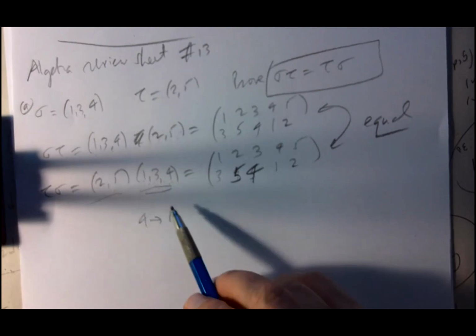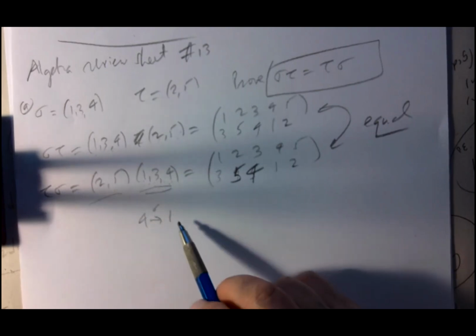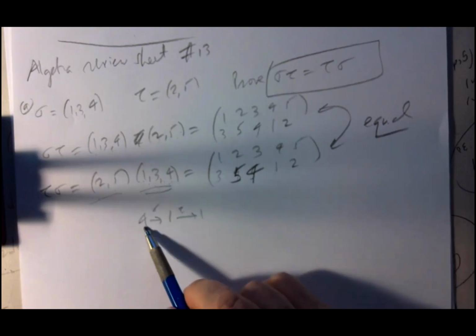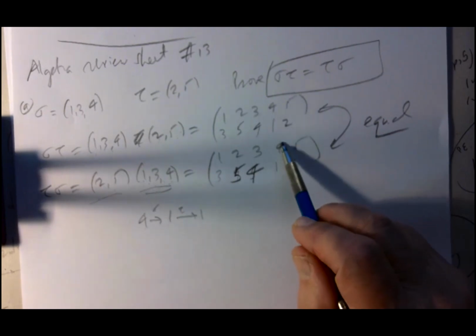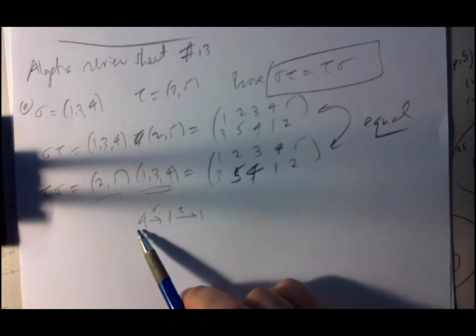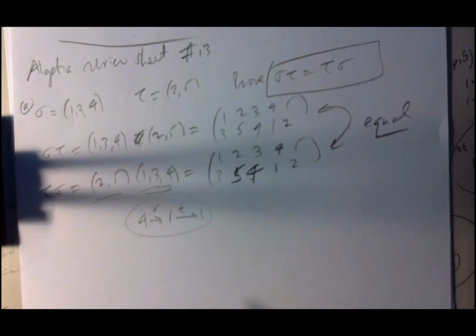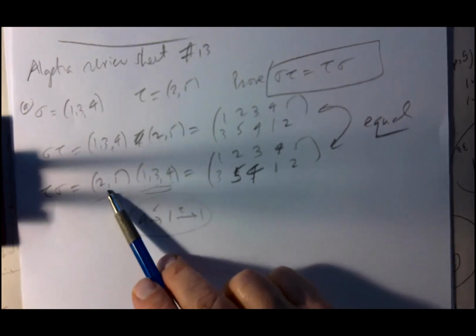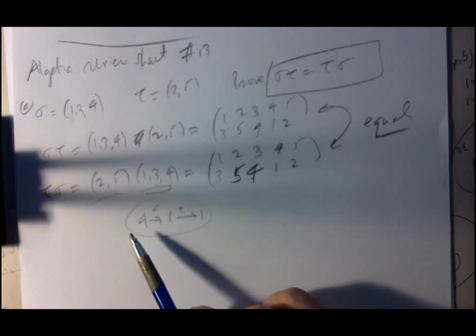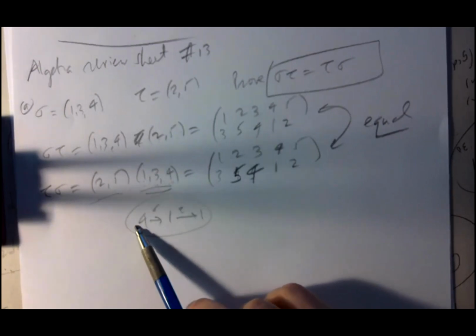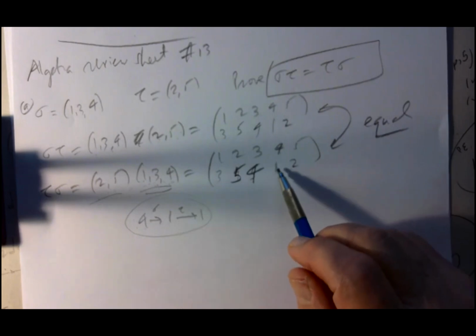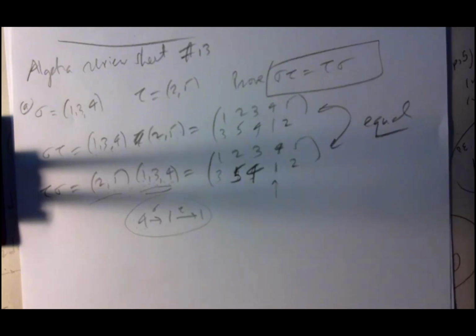This is under sigma, and under tau, 1 goes to 1. So 4 ends up at 1. Right? This sends 4 to 1. This sends 1 to 1. So under the composition of functions, 4 goes to 1 goes to 1.